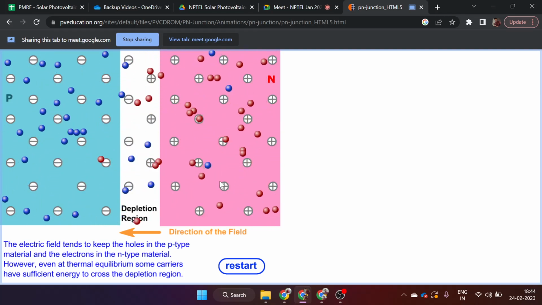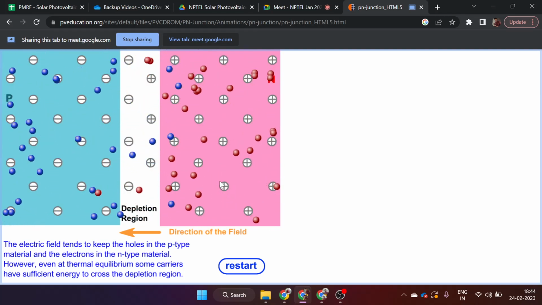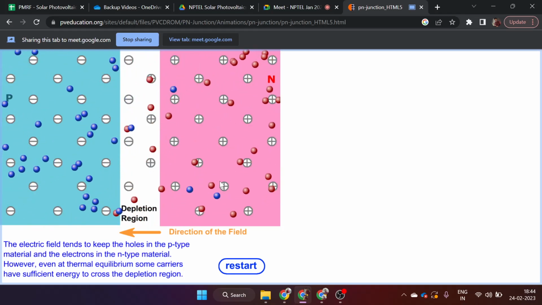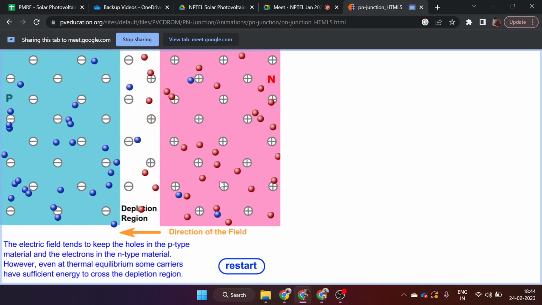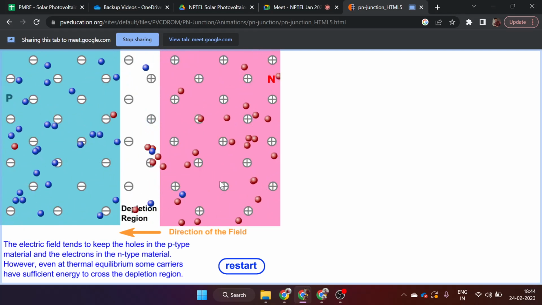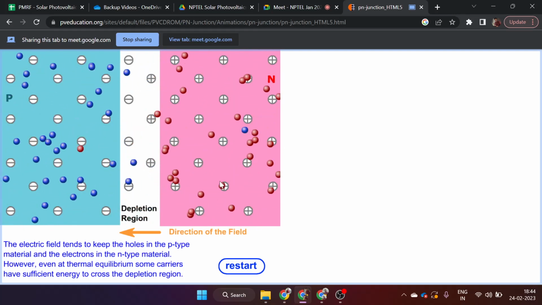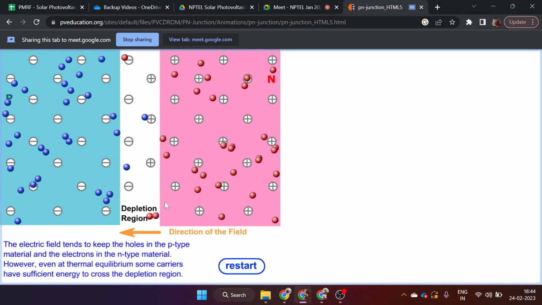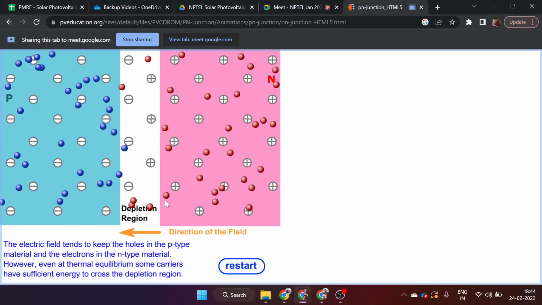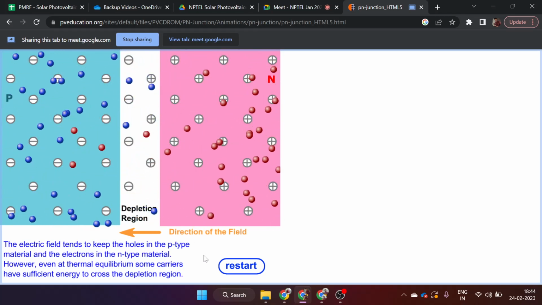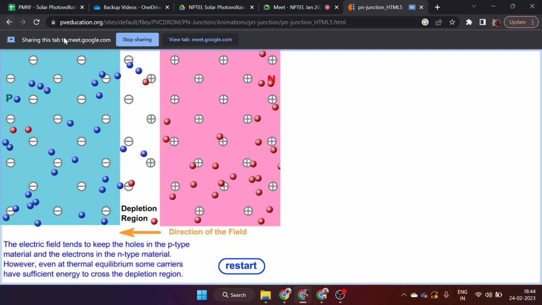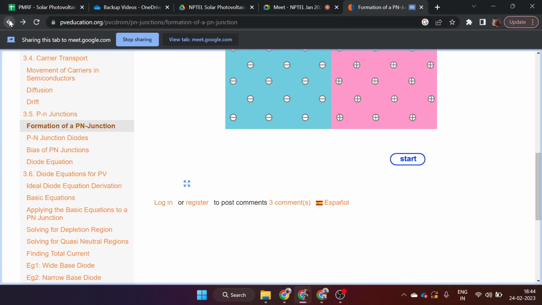Like we are doping an N-type or P-type semiconductor with some kind of impurity. So these are the impurities which have lost one electron, and that's why they are positive in charge. So this is all about the depletion region formation.